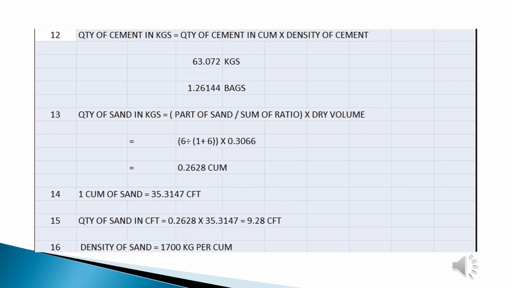Now 1 cubic meter of sand equals 35.314 cubic feet. Quantity of sand in cubic feet equals 0.2628 into 35.314, equals 9.28 cubic feet. Density of sand is generally between 1600 to 1800 kg per cubic meter; this is not the standard.